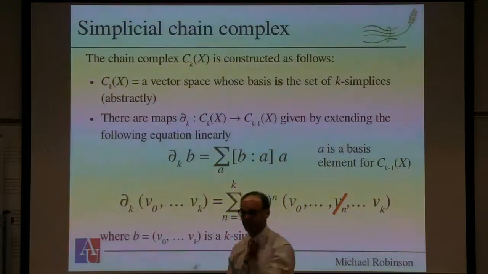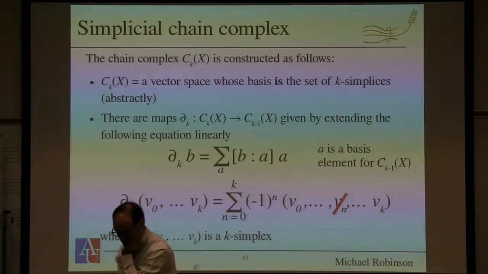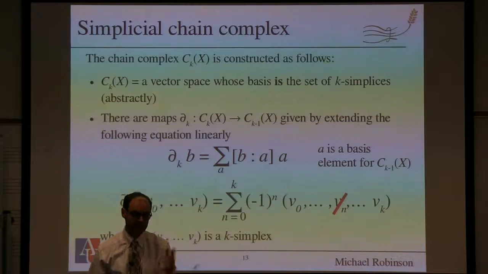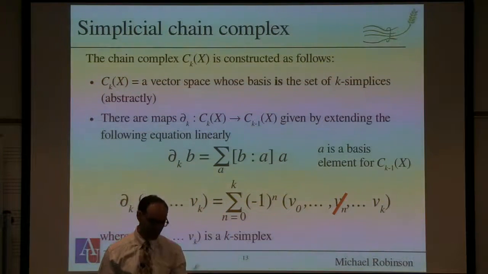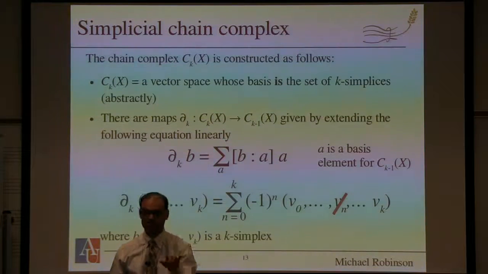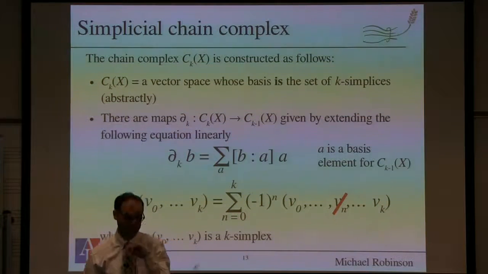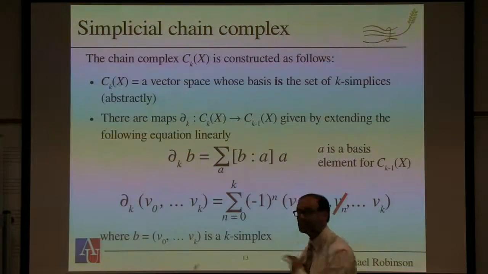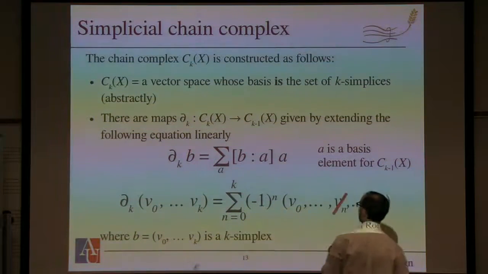I have an option in how I build that. And what I'd like to do in either case is I'd like to establish that what these maps are doing is they're telling me how the attachments work from dimension k to k + 1 or k to k - 1. So I want to encode those attachments, and I'd like to keep track of this orientation as well.